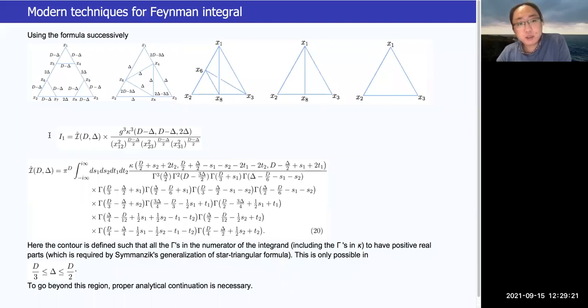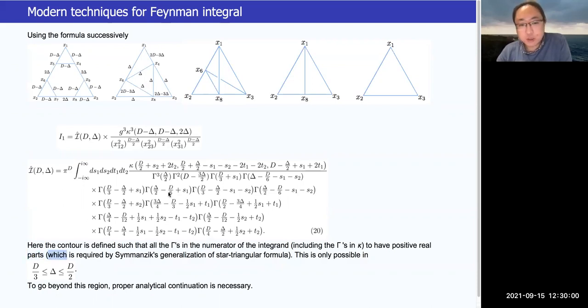So in the end, this expression looks like this. There's an I hat piece, which comes from the initial 3-point star triangle formula, but you also have a Mellin representation in here with 4 integrations. When Symanzik derived his formula, you actually require all these gammas in the numerator, including the ones in kappa, to have positive real parts as you choose your contour.